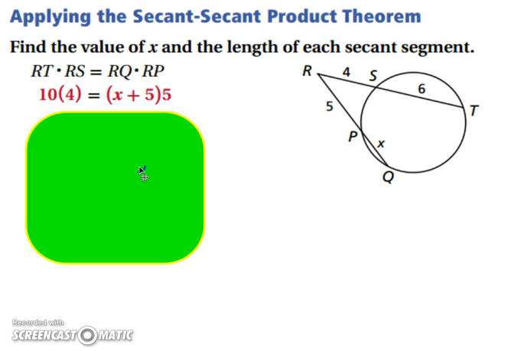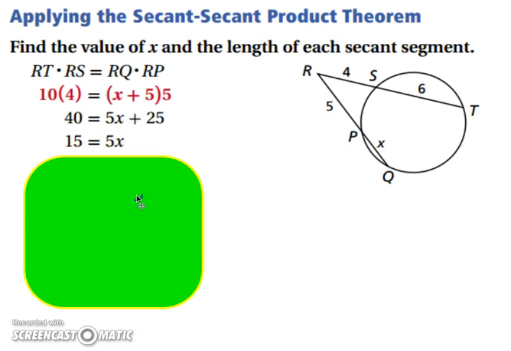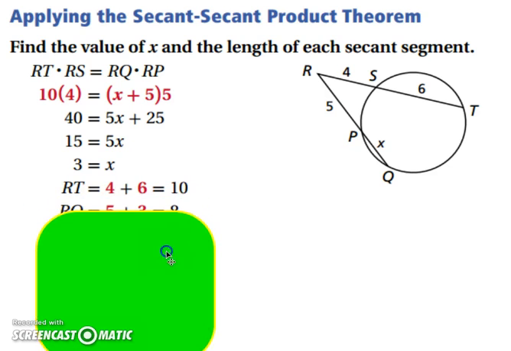Well, 10 times 4 is 40, and then we have to distribute this 5, so we'll have 5x plus 25. Subtract 25 from both sides, and then divide by 5. Once you have what x is, that's one of the pieces, now we just need to plug it in. So RT is going to be 10, and PQ will be 8.